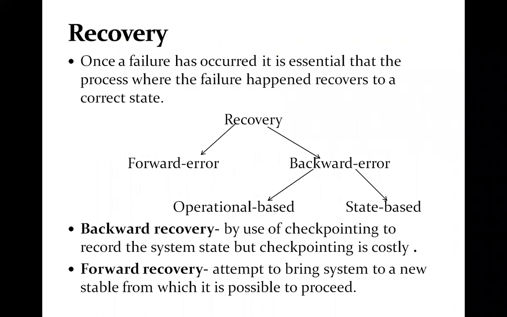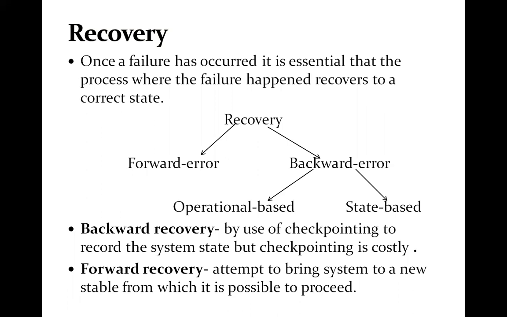So we have a strategy for recovery from failure, because failure recovery is a process that involves restoring the system from the erroneous state to the error-free state. For doing that recovery process, we have two approaches.